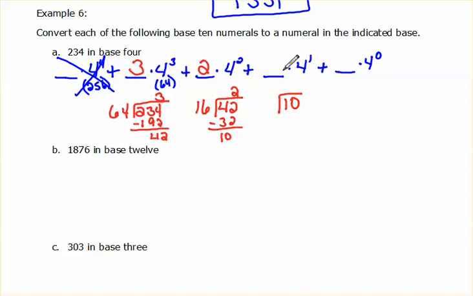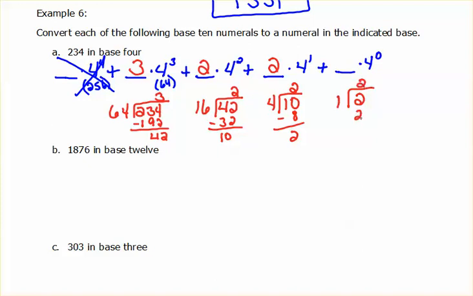So now we're doing a place value of 4 to the first, which is 4. So 4 goes into 10 twice with 2 left over. So there are 2 groups of 4 with 2 left over. And the last position is groups of 4 to the 0, which is 1.